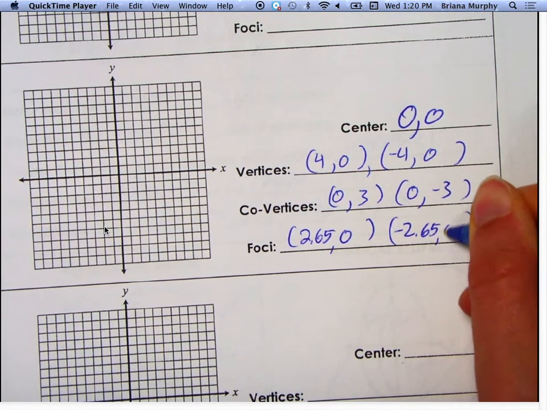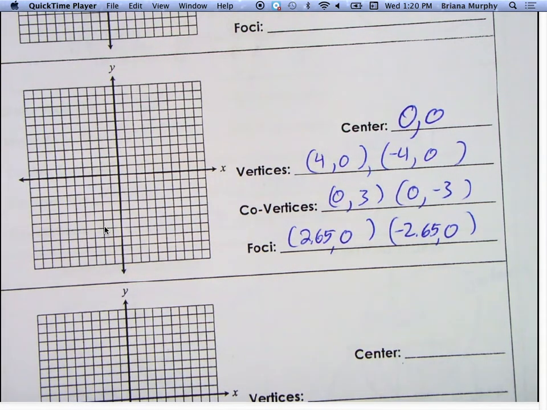So why do you list the 2.65 first? Would it be the y if a was under the y? Yes. Why does the 2.65 go first? Because it's along the horizontal axis. So when it's horizontal, we talk about the x-axis.